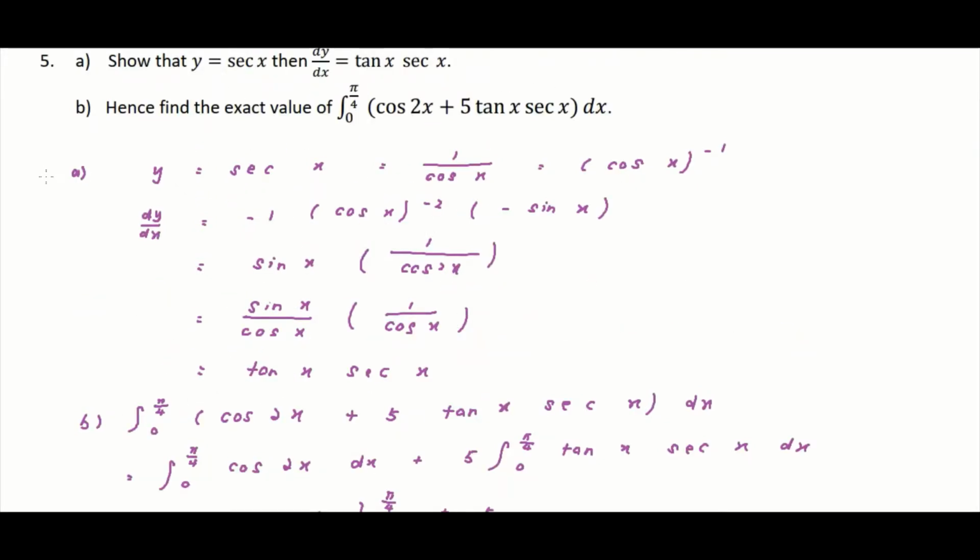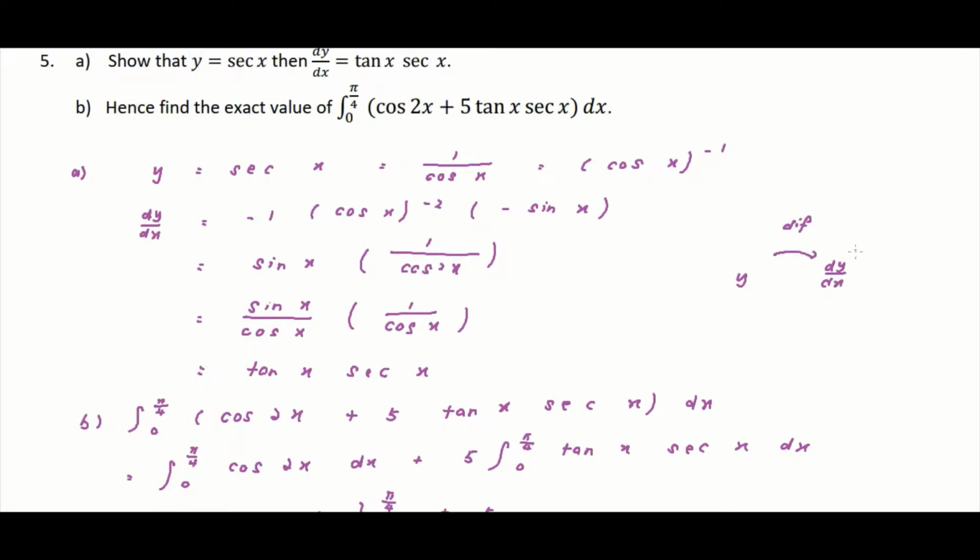So from A, actually you try to differentiate secant x and you get tangent x secant x. So now if you integrate the dy dx, what do you get? You get exactly back to x. Okay, so the idea is y, go to dy dx, you do the differentiation, right?